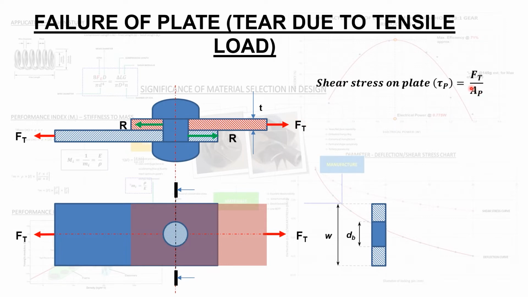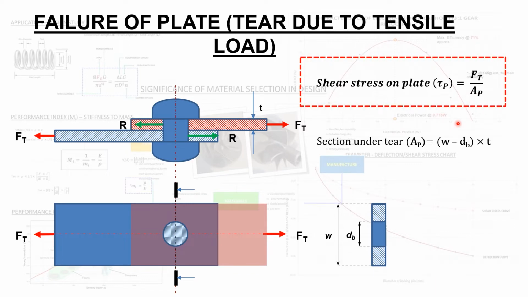And that is divided by AP. AP is basically the section under tear, so this is the cross section that we need to calculate. That's equal to the difference between the width or the span of the component or the plate, minus the diameter of the bolt or the fastener, which is equivalent to the bore in the plate, times the thickness of the plate, and that will give you AP.